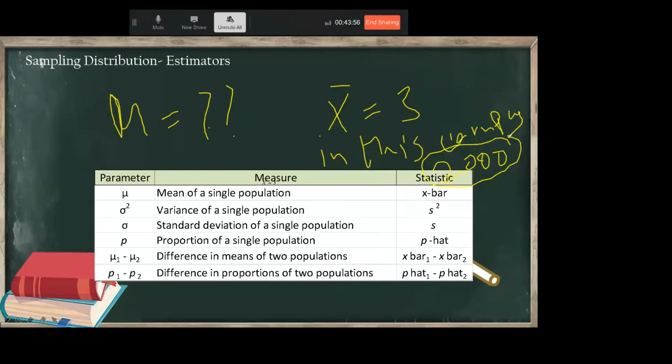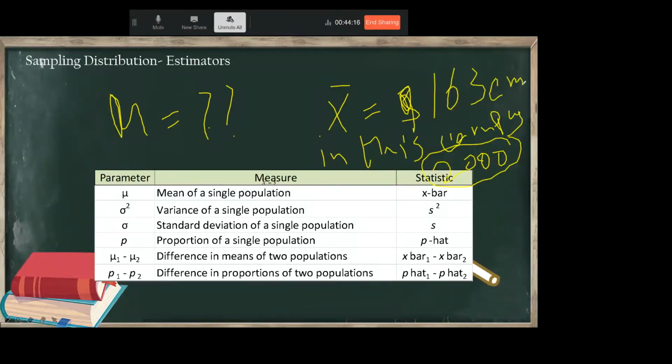I take the data from them, and based on these 50 female students in my class, let's say the average height becomes 163. X bar is 163 centimeters.